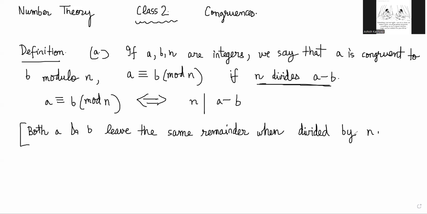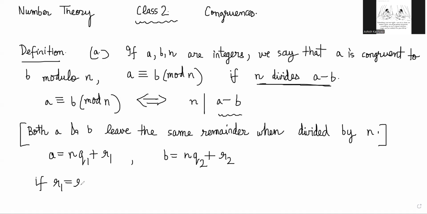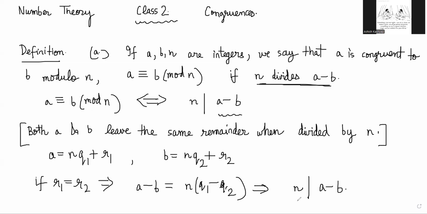Only if both of them leave the same remainder when divided by n can n divide the difference, right? Basically, a, if you divide by n, you can write it as nq1 plus r1. And b, if you divide by n, you can write it as nq2 plus r2. If r1 is equal to r2, that implies that a minus b will be equal to n times (q1 minus q2). Correct? And that implies that n divides a minus b.